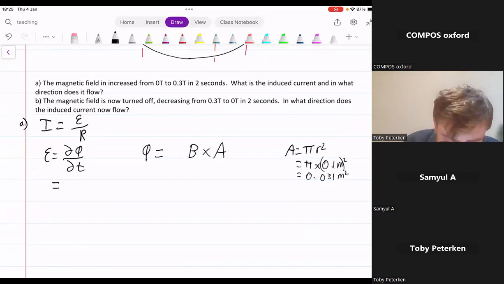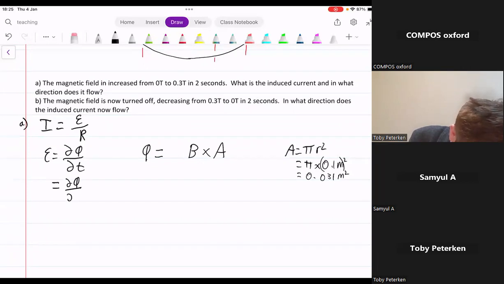So we're going to assume the magnetic field increases linearly, so at a constant rate for those 2 seconds. So d phi by dt is equal to, now area is just a constant, it's just a constant loop.